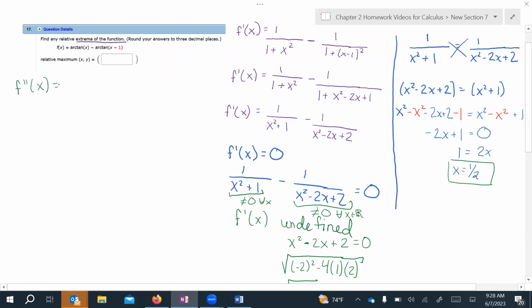So f double prime, I'm going to take f prime and then differentiate. You can use the quotient rule. It's not really a nice one, no matter how you look at it, but the quotient rule for the first term, we have times 0.